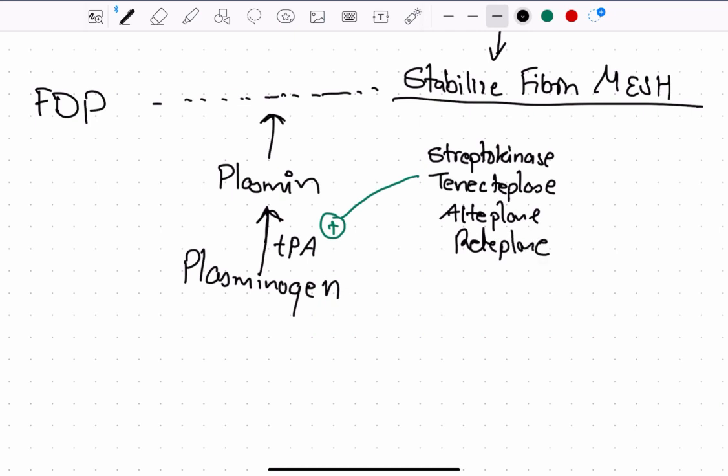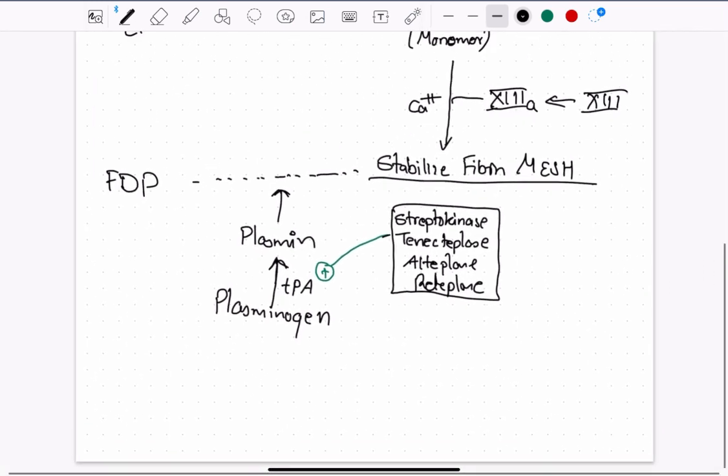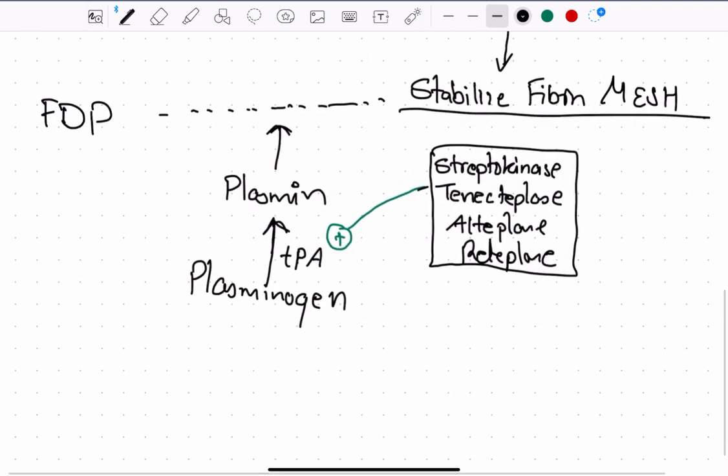These are drugs that are commonly used in ischemic stroke and MI. So these drugs will stimulate the tissue plasminogen activator, and then they will cause the degradation of the fibrin mesh.